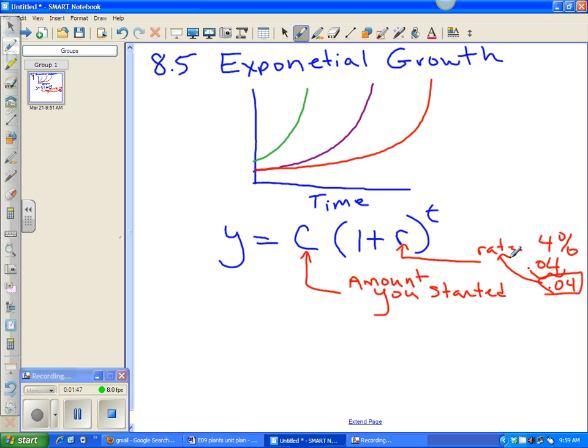And lastly is this t right here, and this is the time. Each segment of time. Now, banks pay you an annual percentage rate. So in this case, it would be per year if you're investing your money in a bank. But in some situations, the time may be in different segments.